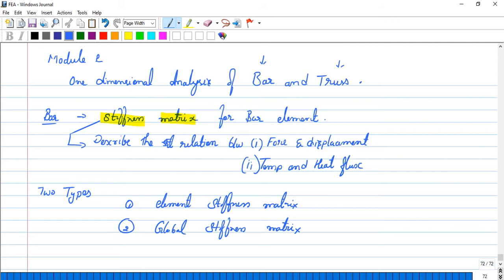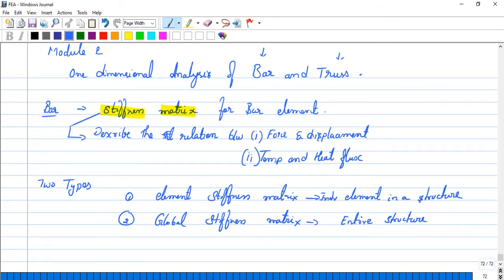The element stiffness matrix represents an individual element in a structure, and the global stiffness matrix represents the entire structure.